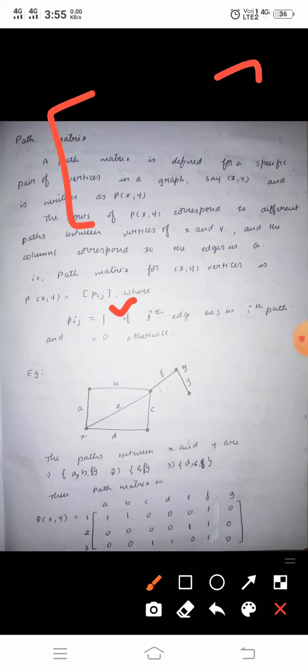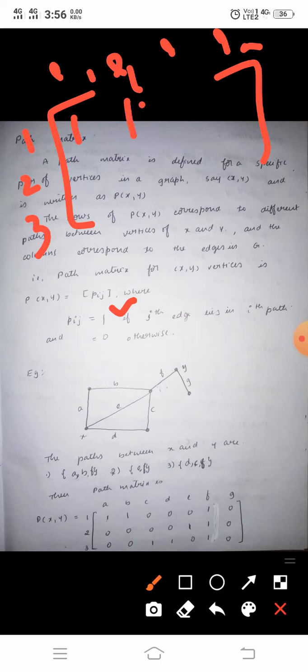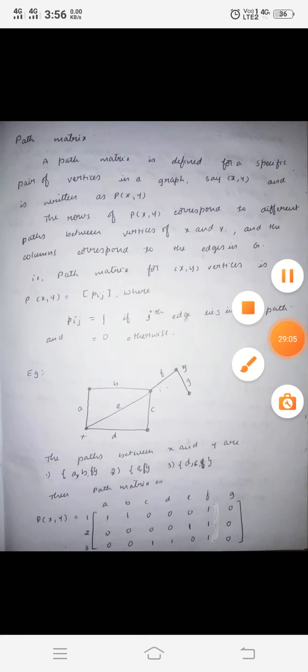How do we define it? Here is the first path between x and y, second path, third path, and here E1, E2 up to En. If E1 is present in the first path, then 1. If E2 is present in the first path, then 1. If not, 0. Like that. Okay, we'll see one example.